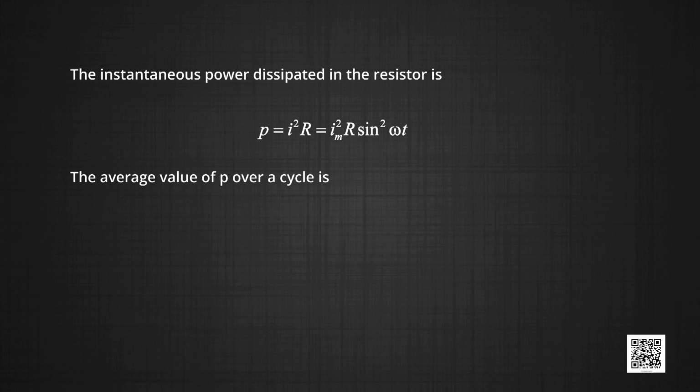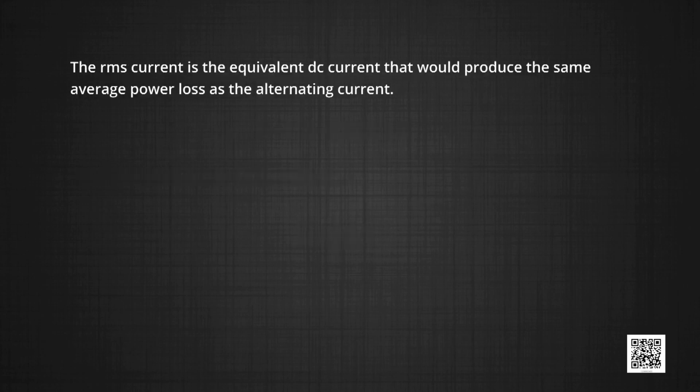The average value of power over a cycle is P = 1/2 I squared R. Here I is I RMS.